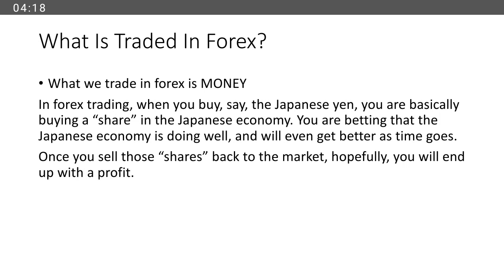What you are doing is buying into the Japanese economy, hoping that their economy will improve. As their economy is improving, people are buying and prices will be going up. As prices are going up, you can sell and make profit. That's how Forex trading works.